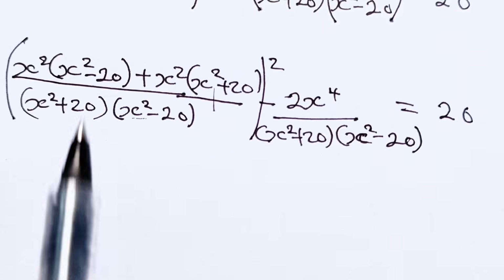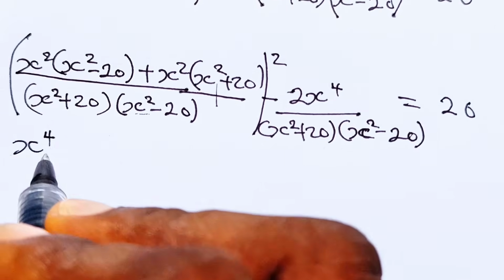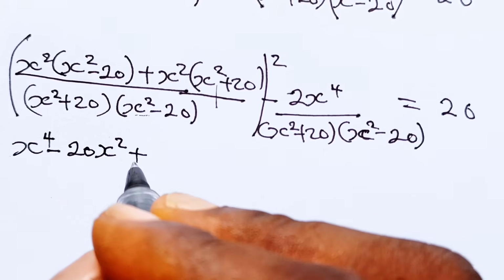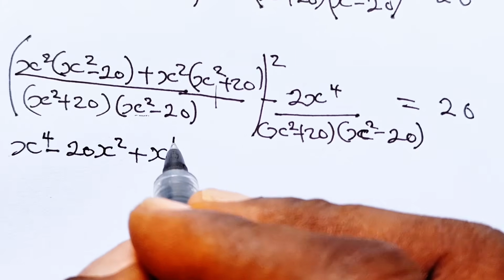Now we have this times this, x raised to the power of 4. This times this, 20x squared, plus this times this, x to the power of 4.